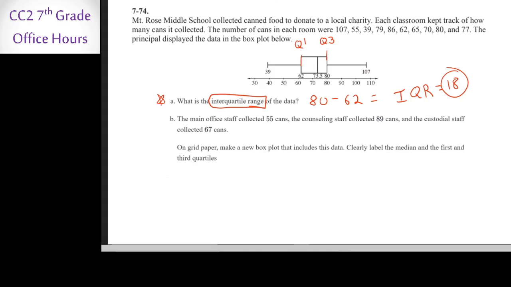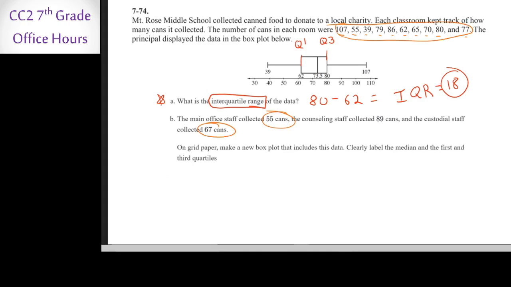And then the second one is interesting because it says here's all of this data that it gives you, right? So it gives you 1, 2, 3, 4, 5, 6, 7, 8, 9, 10 points of data. And then it also gives you these other two pieces of data that you're supposed to add into these original 10. Okay?